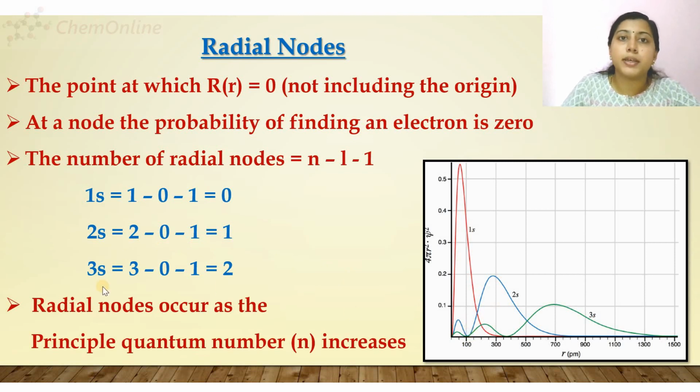Now coming to 3s, n is equal to 3, L is equal to 0. So 3 minus 0 minus 1 equals 2. So it's shown in the green graph. For the 3s orbital, there are 3 peaks and in between there are 2 nodes. So from this we can see that as the principal quantum number n increases for a fixed L, the number of radial nodes also increases.